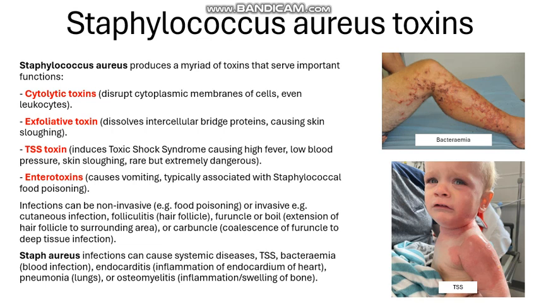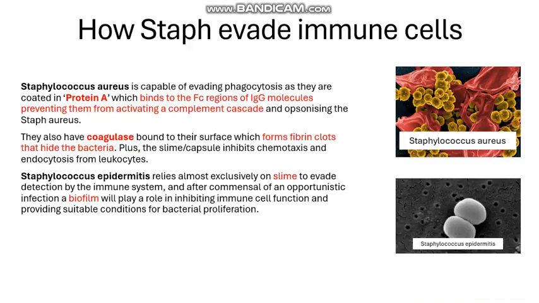Staph aureus infections can cause systemic diseases, toxic shock syndrome, bacteremia, which is a blood infection, which we show here. That's what can happen if you get a lot of Staphylococcus aureus proliferating in your blood. Like we mentioned before, they thrive in areas full of blood because they're producing these coagulase enzymes, forming these fibrin clots.